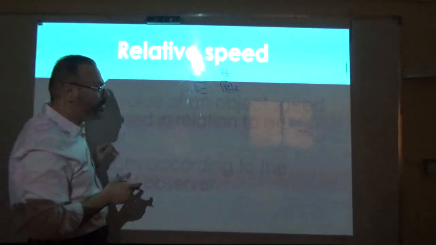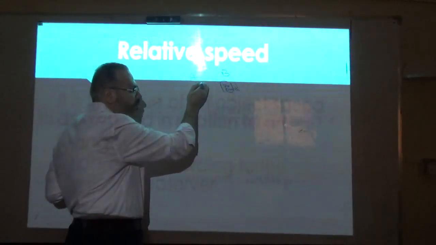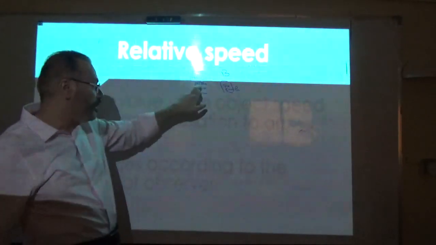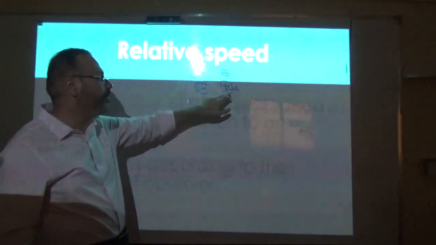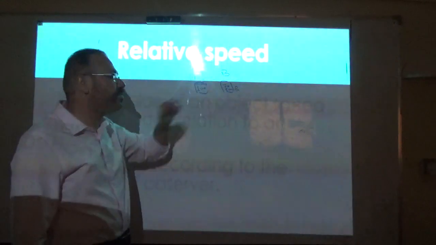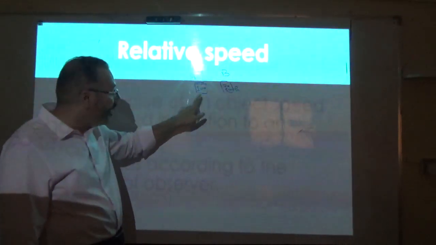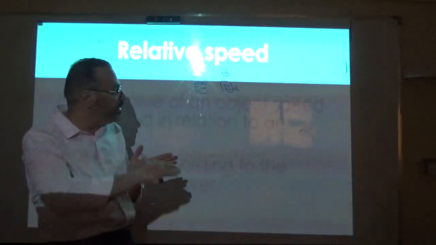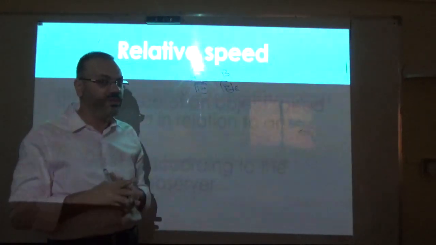If there is a person riding in this car, and this person looks at the other car to observe its speed, what is the value of the observed speed? The person here in the car of 100 can see the other car moving beside it with how much speed?